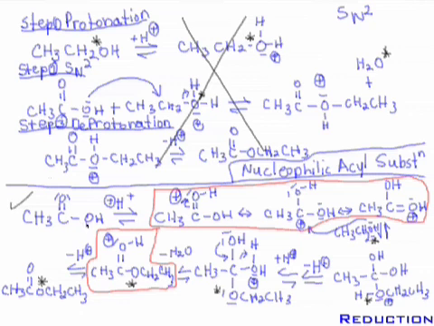So, having done that, let's continue with our reactions of carboxylic acids by examining reduction reactions. Now, we've talked about reductions in aldehydes and ketones, and one of the reducing agents we looked at were metal hydrides. And there were two hydrides, sodium borohydride and lithium aluminum hydride.